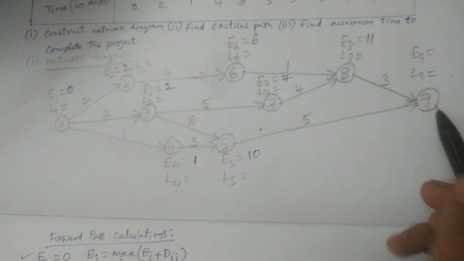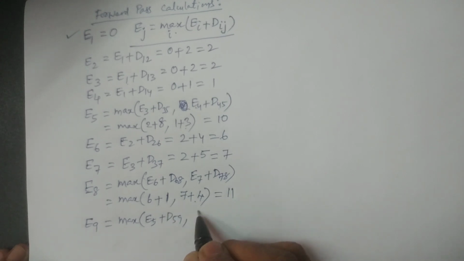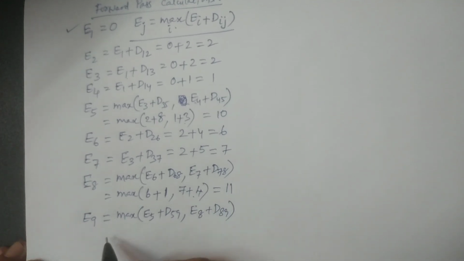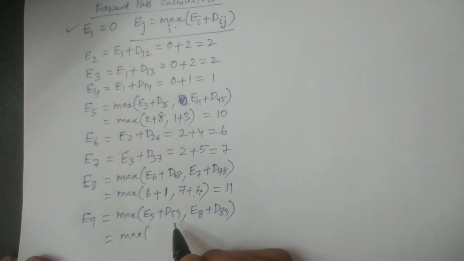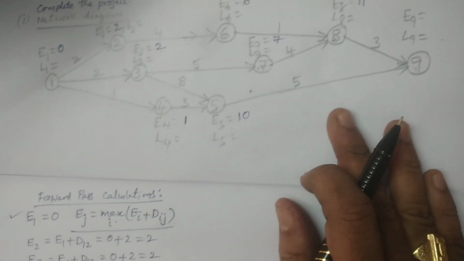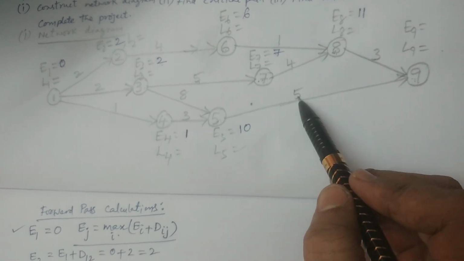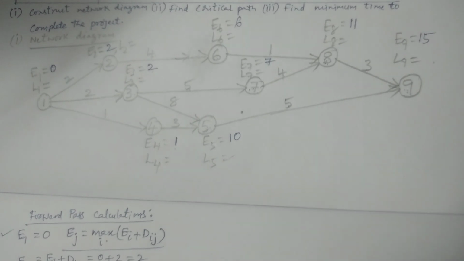Therefore, I write the formula first: the maximum of E5 plus D59 and E8 plus D89. E5 is 10 plus D59, which is 5, and E8 is 11 plus D89, which is 3. 11 plus 3 is 14, 10 plus 5 is 15. The maximum is 15. This is the forward pass calculation.